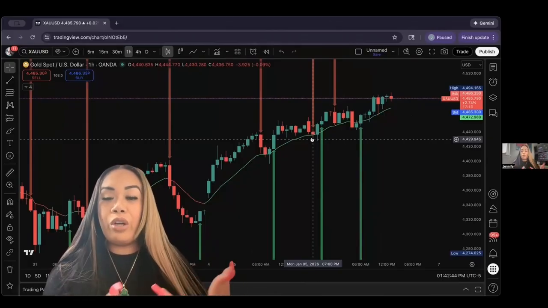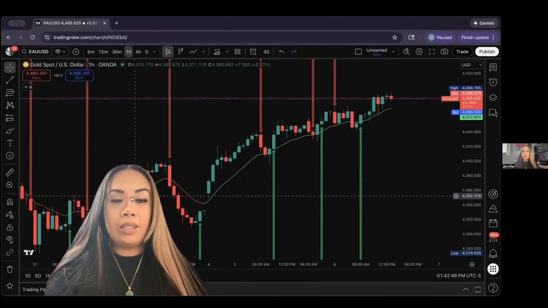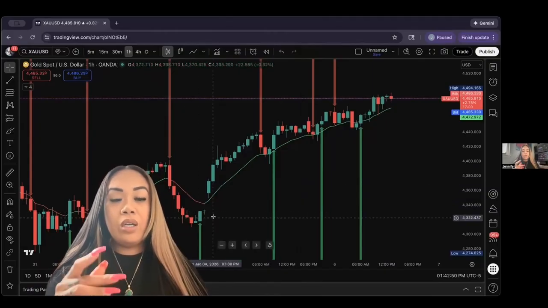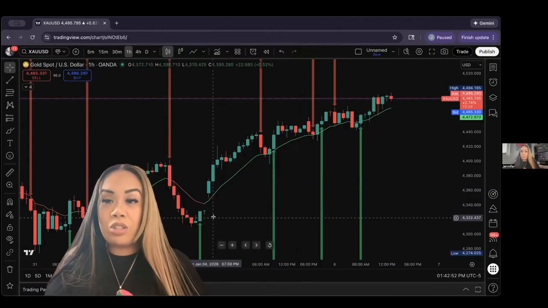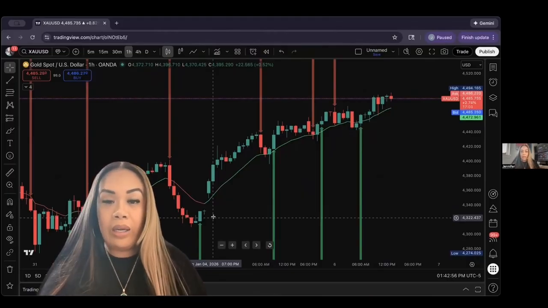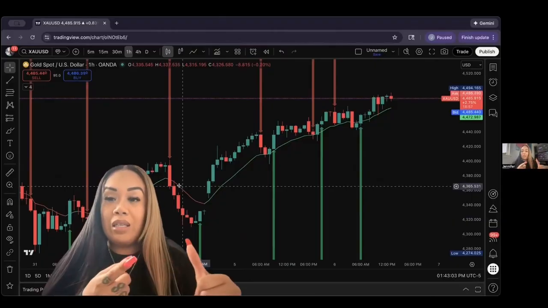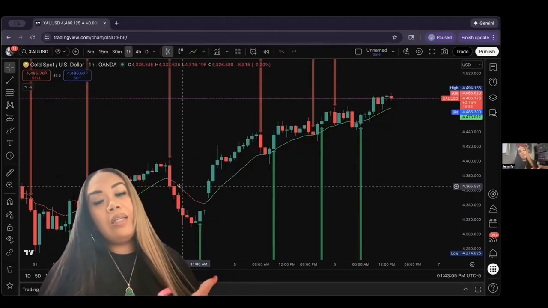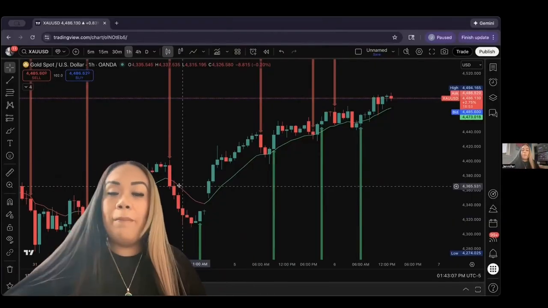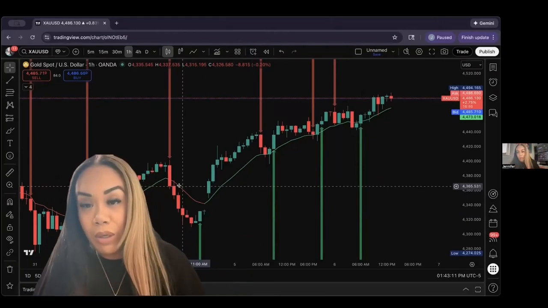And third, your third confirmation, you have to look at this moving average. As you can see, this line that I'm hovering over is interchanging between red and green. So as long as that's green, it is a validated buy. When it comes to a sell trade, you want to, one, wait for that red laser beam signal. Secondly, you want candles to come below the moving average. And third, the moving average has to be red.